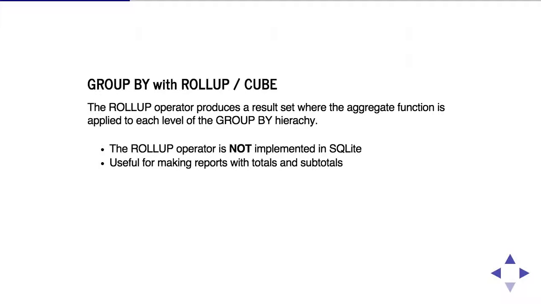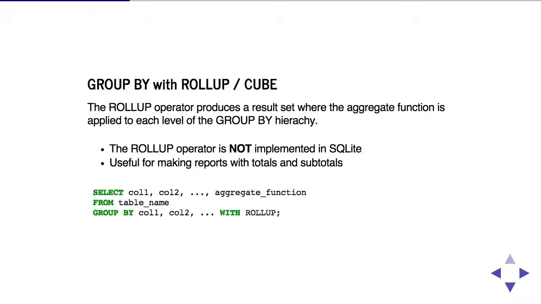SQLite does not have this inside the language, but other languages do. MySQL has it. I think Postgres has it too, but I'm not 100% sure. As I said, it's great for making reports with subtotals and totals.